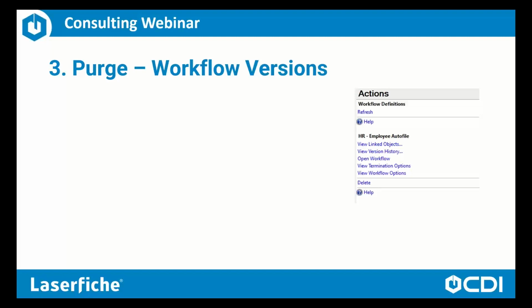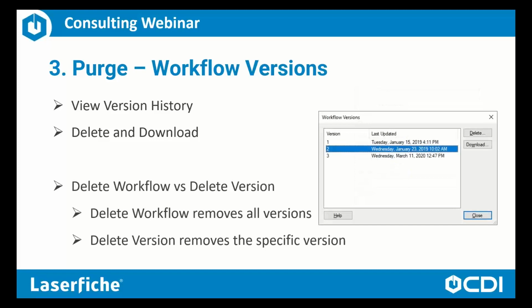To delete a specific workflow version or view information about previous versions of workflows, we can view our version history within the workflow administration console. This will open up our version history dialog where we can see when it was last updated. We have the ability to delete that specific version of the workflow.